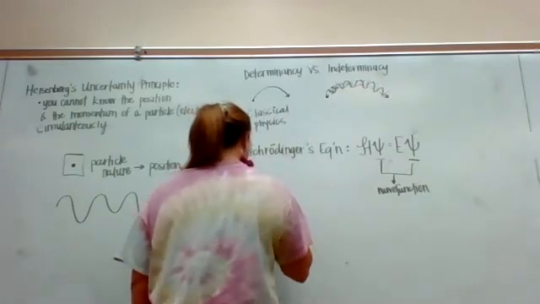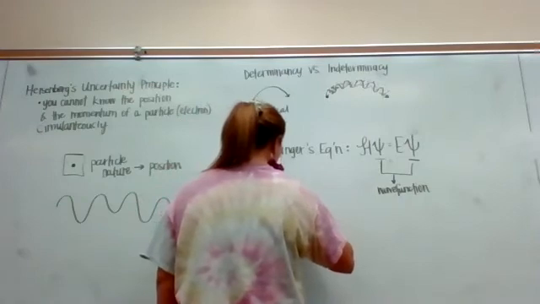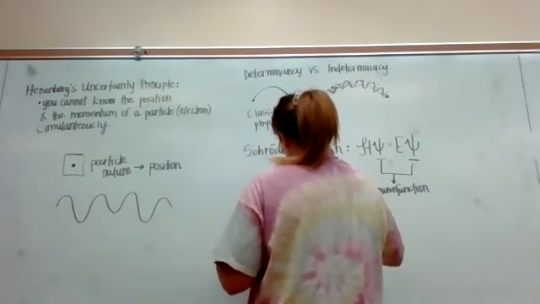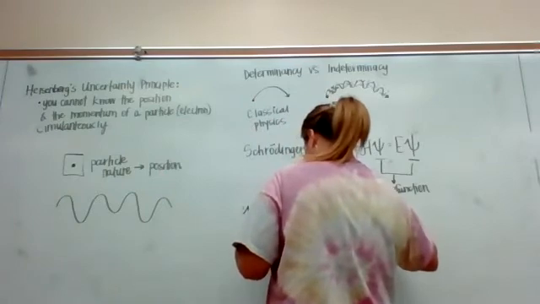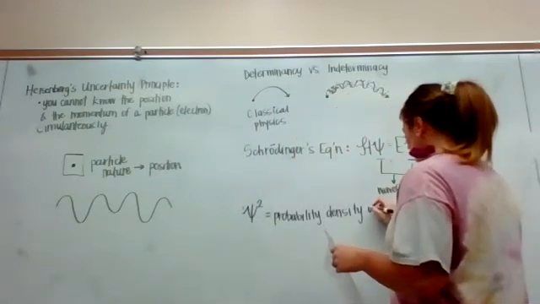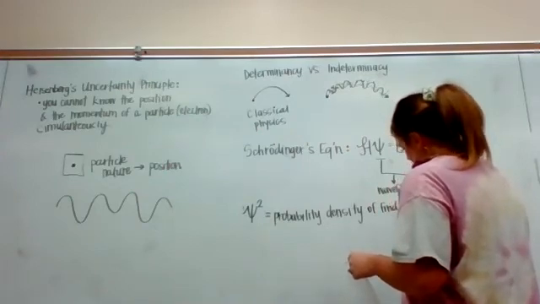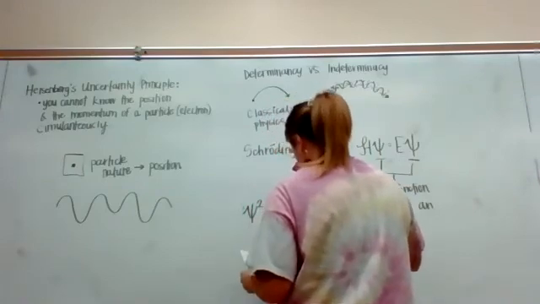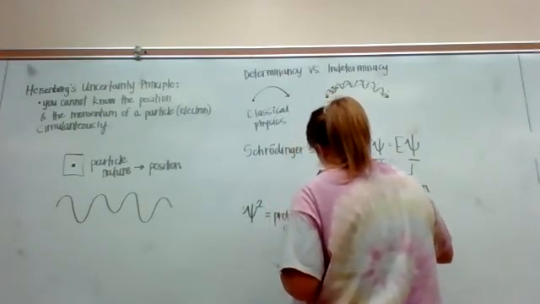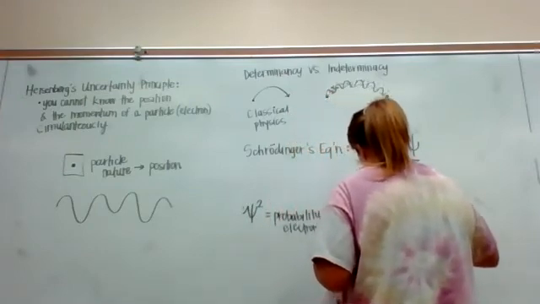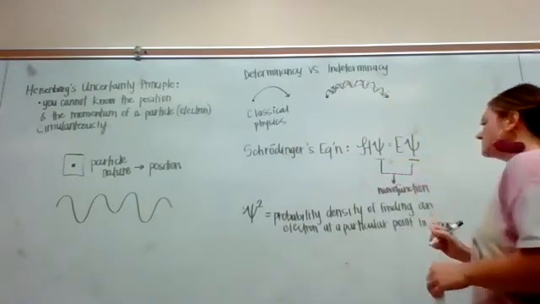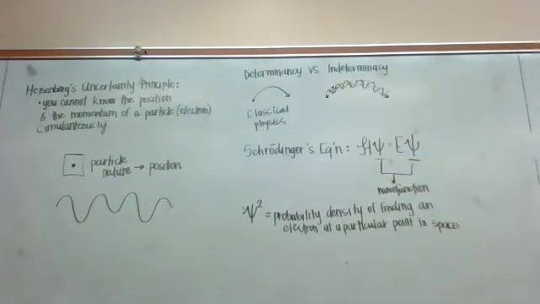The wave function squared is the probability density of finding an electron at a particular point in space.